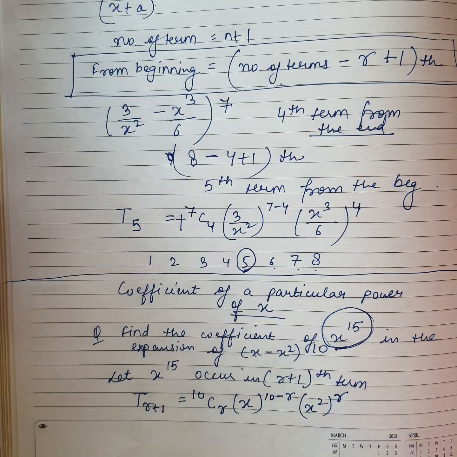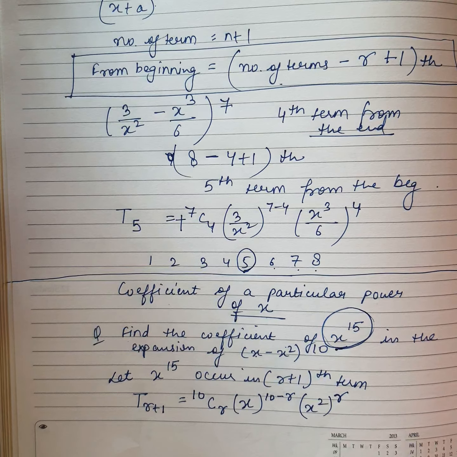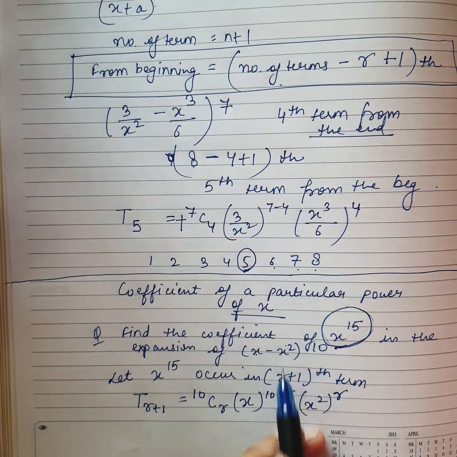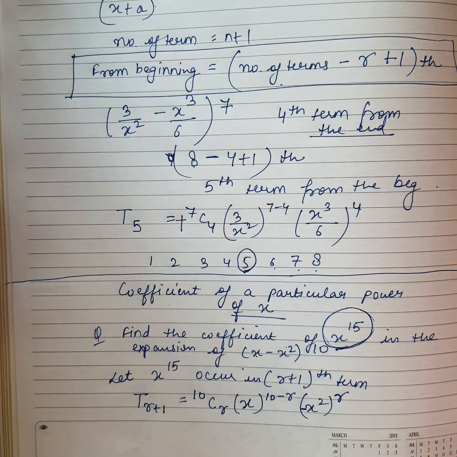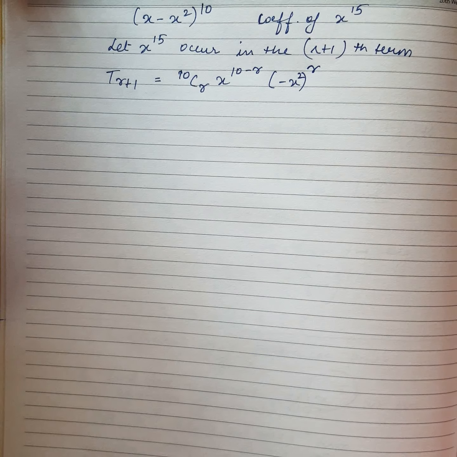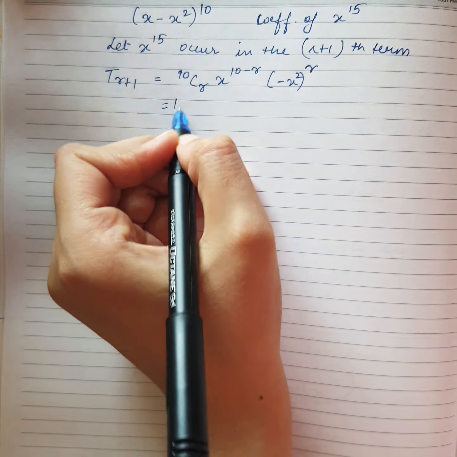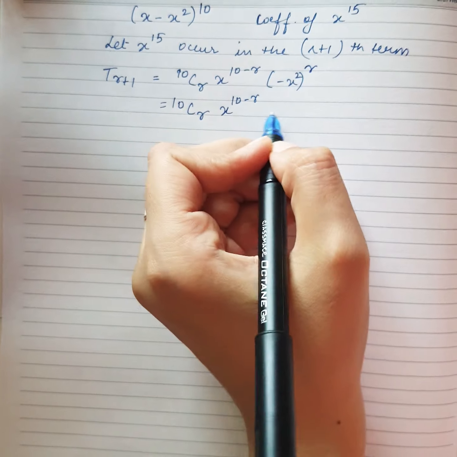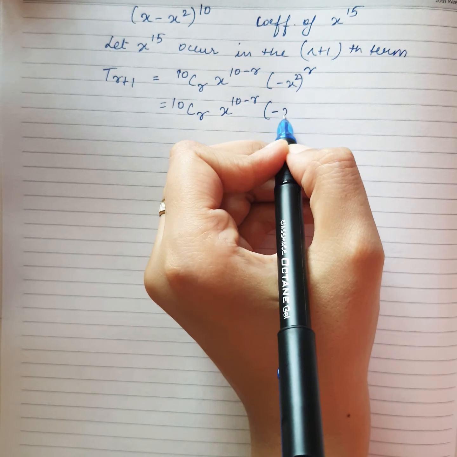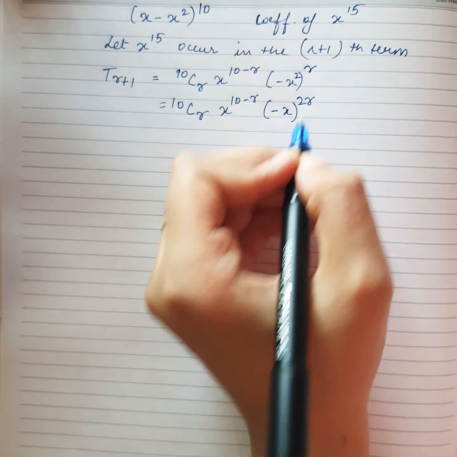Right now I do not know if r is odd or even. What I will do is, in place of x², I will write minus x². So 10Cr x^(10−r) and (−x²)^r.